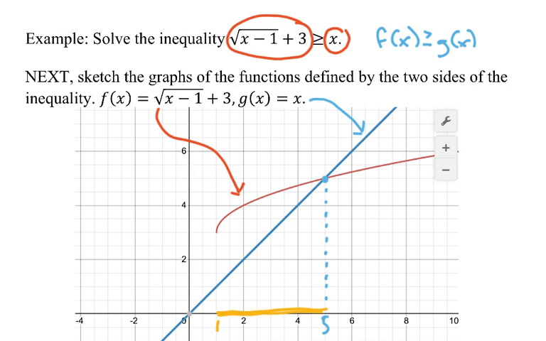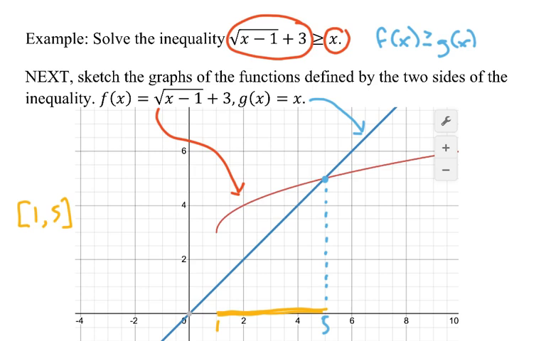That interval will precisely be the solution of the inequality. The point 1 is included. I'll put a bracket there. And because this says greater than or equal to, the point 5 will also be included. If that had only been a greater than, we would not include that point.